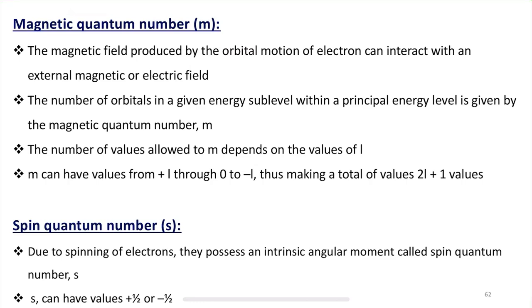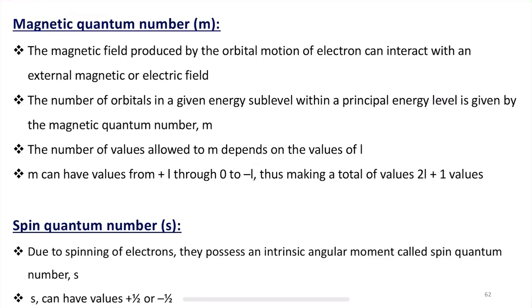As a result, the electrons in a given energy sublevel orient themselves in certain specific regions of space around the nucleus. These regions of space are called orbitals. So, here we can understand what is meant by orbitals.